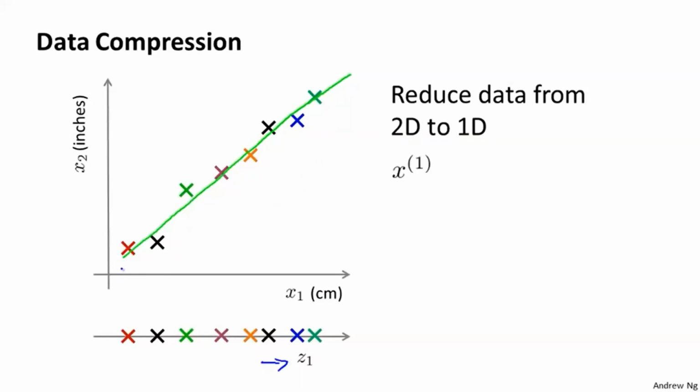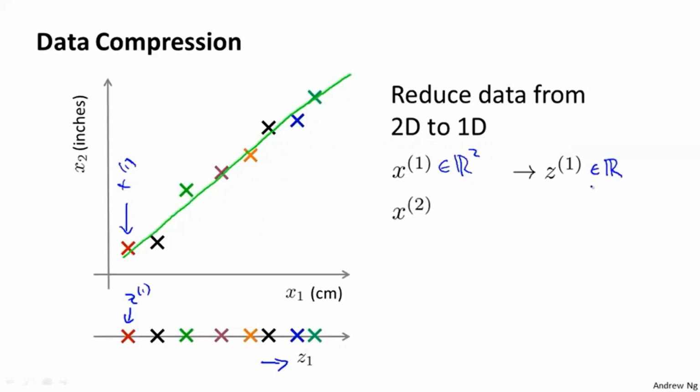And what this means is that whereas previously, if I had an example X1, maybe this was my first example X1, in order to represent X1, I needed a 2-dimensional feature vector. Instead, now I can use just Z1 to represent my first example, and that's going to be a real number.